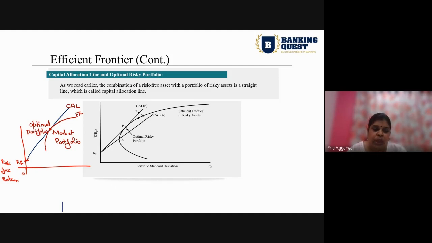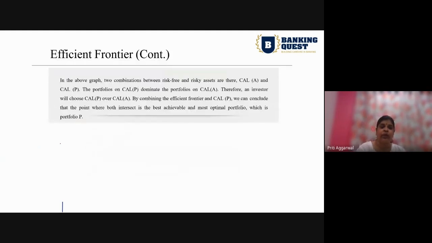And when I join all those portfolios, I get a concave curve, that is my efficient frontier. And the line which runs tangentially through your efficient frontier is called the capital allocation line, and the point where it intersects your efficient frontier is called your market portfolio. I hope this is clear to you all.